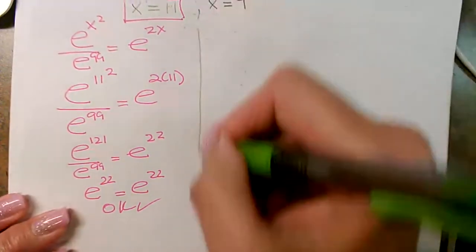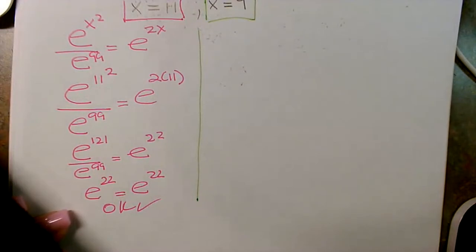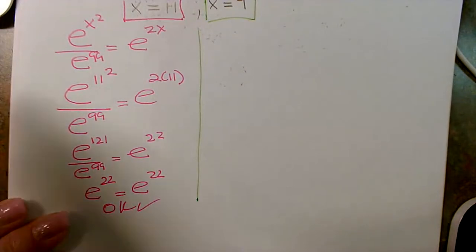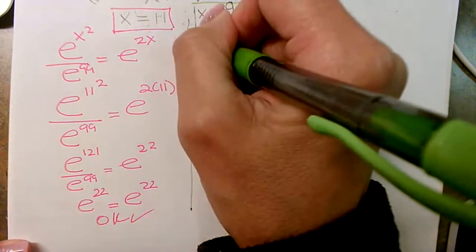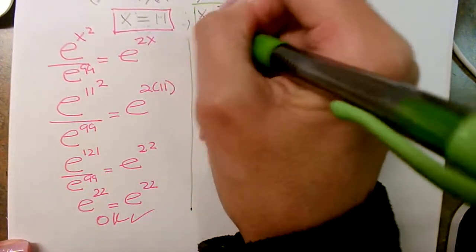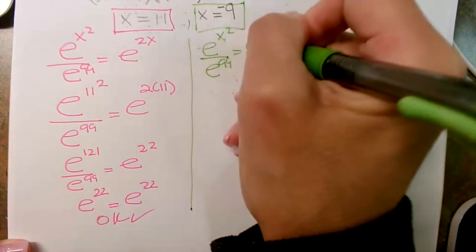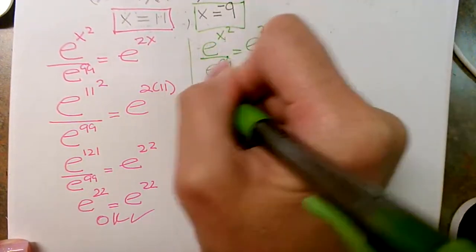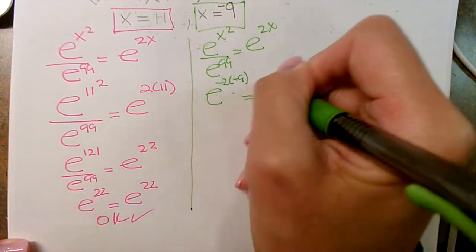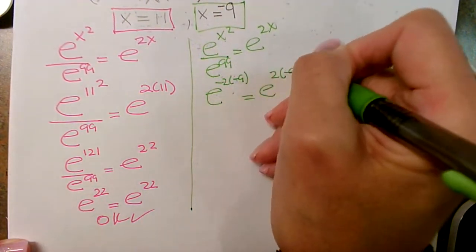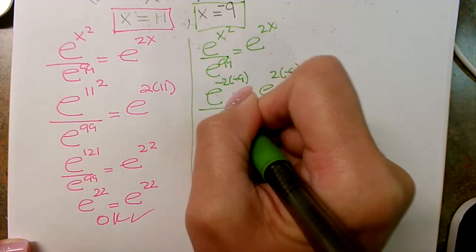And if we do the other one, sorry, which is x equal to negative 9. This is what we have originally. 2 times negative 9 and 99.